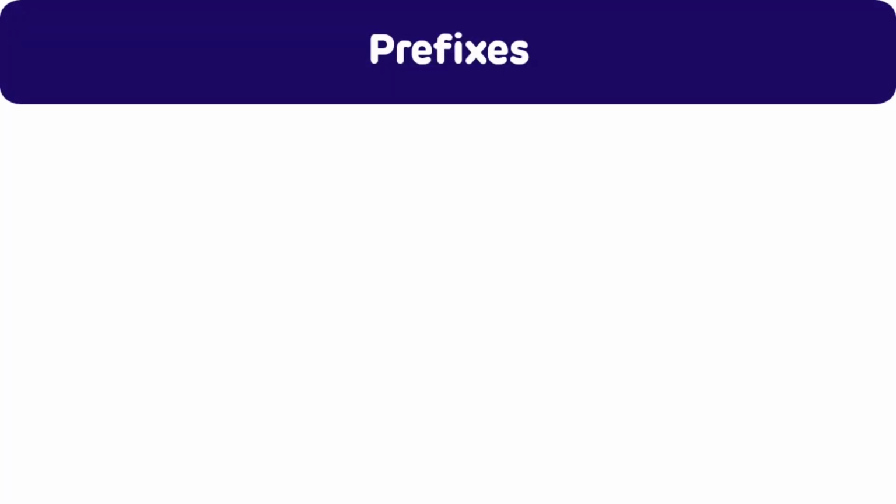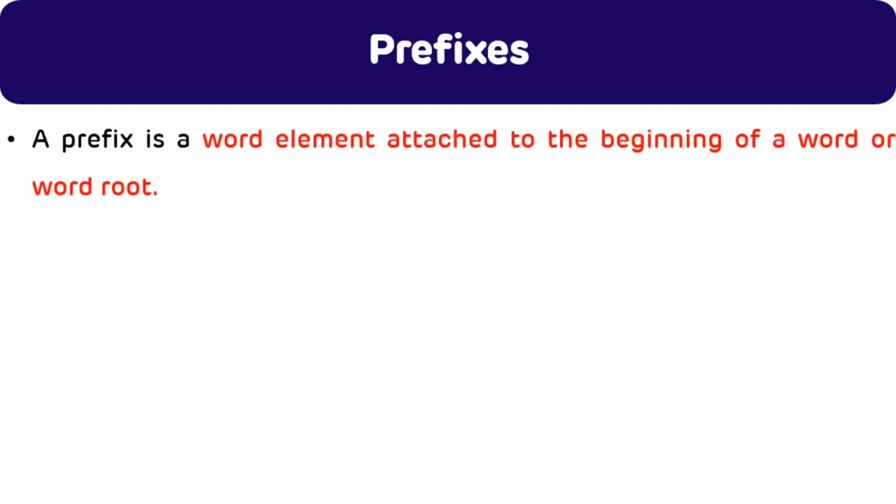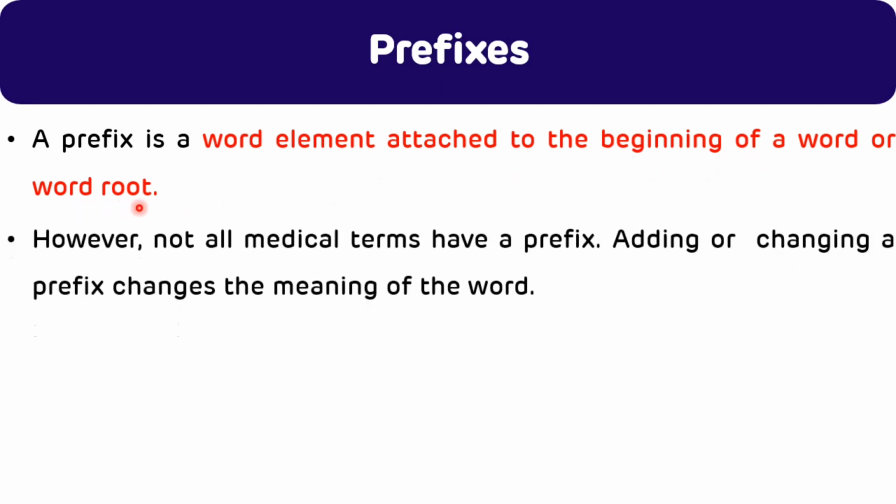Now we will see what the various prefixes are. A prefix is a word element which is attached to the beginning of a word or word root. However, not all medical terms have a prefix. Adding or changing a prefix changes the meaning of the word.